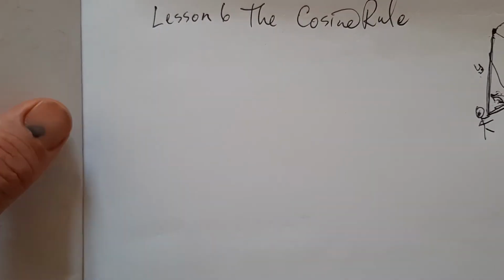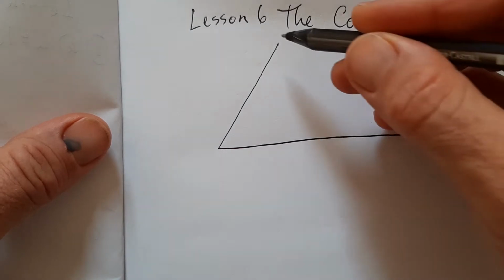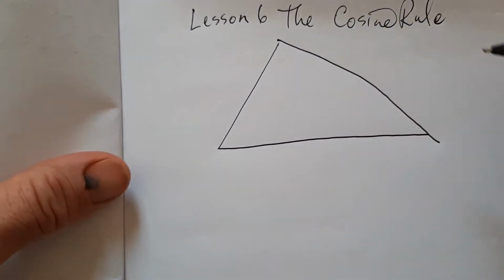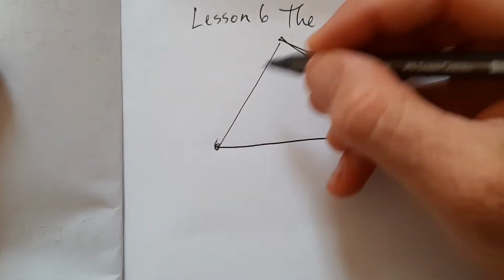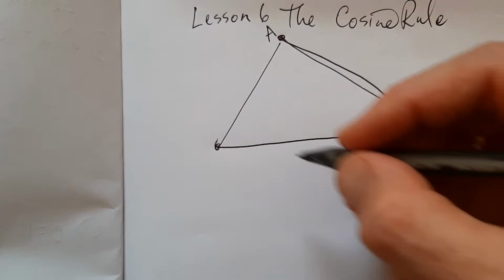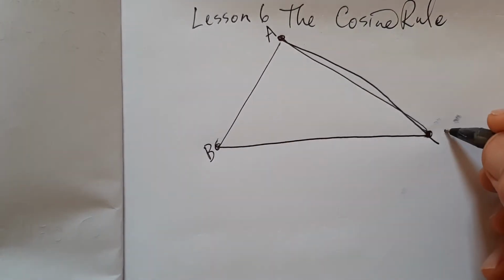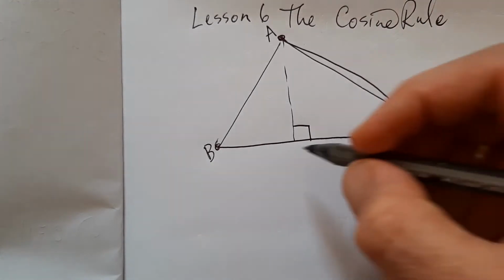Where does it come from? Let's just draw out, oh boy, that's not straight. Okay, it doesn't have to be accurate or anything. Let's go with triangle ABC. Drop that height down again so we have our right triangles.